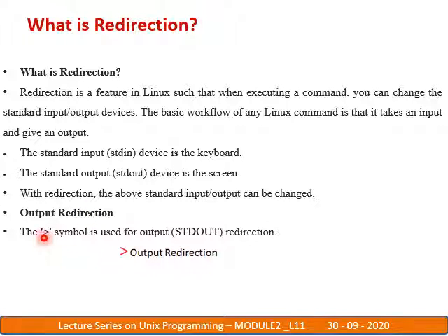This is done using the greater than symbol, which we normally call stdout redirection. The greater than symbol is used for output redirection, followed by the file name where you are redirecting your output. This is how we use output redirection.